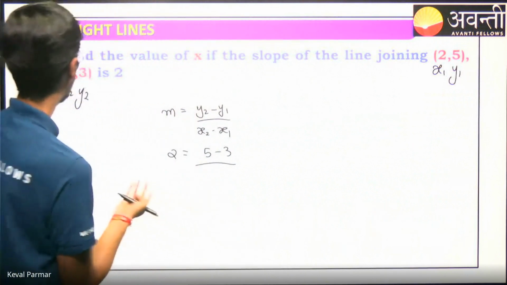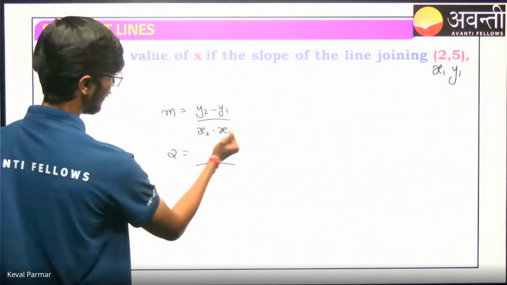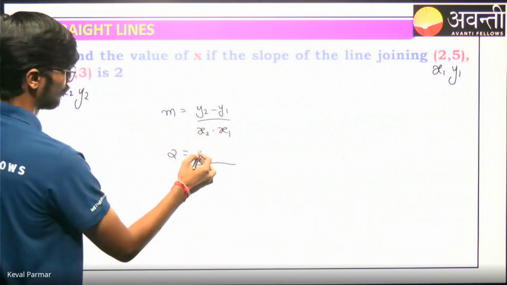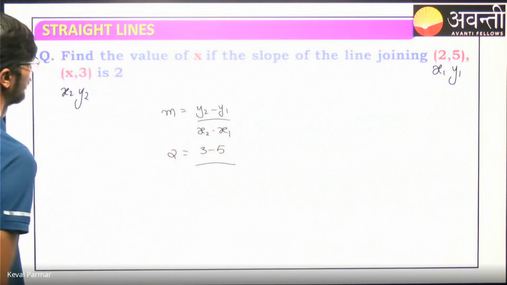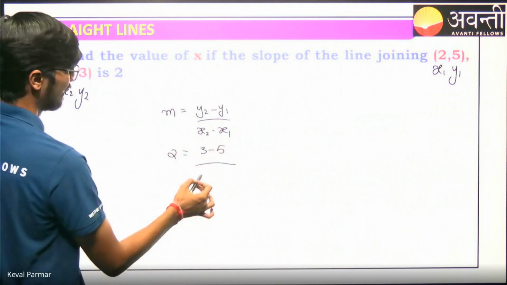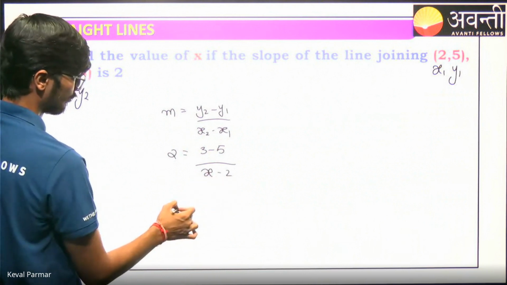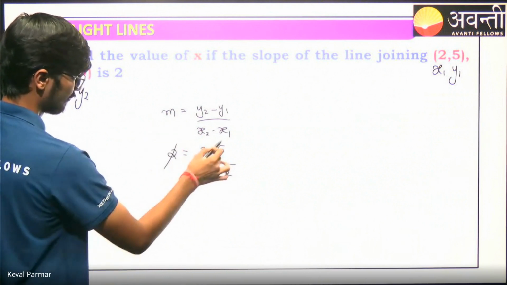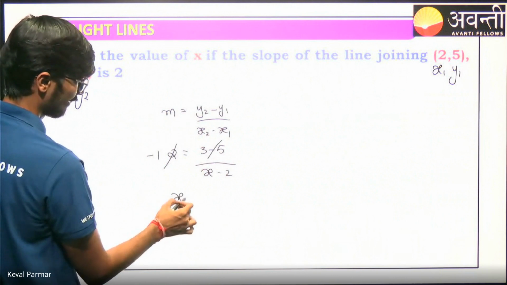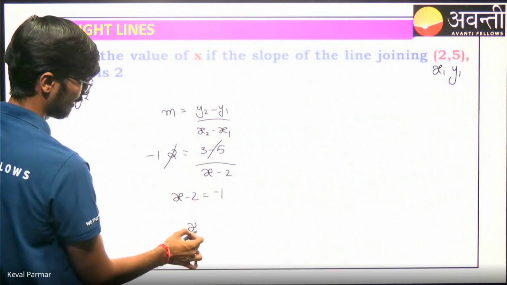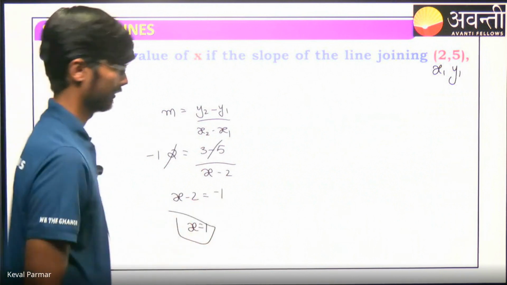So I can say 5 minus 3 or 3 minus 5, you can write anything. So 3 minus 5 upon x minus 2. So I think this and this will get cancelled with minus 1. So x minus 2 equals minus 1. So x equals 1. Yes, right. Let's see the next one.